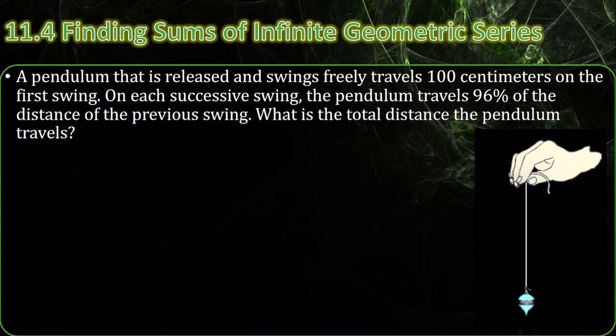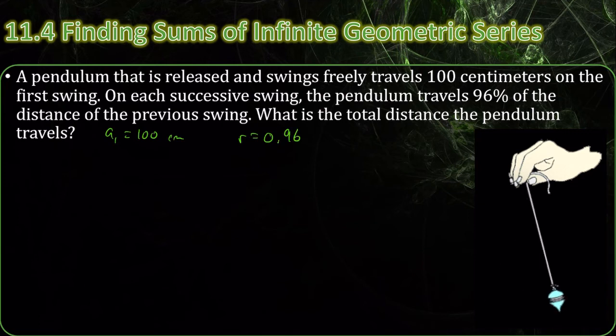A pendulum that is released and swings freely travels 100 centimeters on the first swing. On each successive swing, the pendulum travels 96% of the distance of the previous swing, so it's slowing down a little bit. What is the total distance the pendulum travels? Well, first time is 100 centimeters, and the next time is 96% of that, so our r is 0.96.